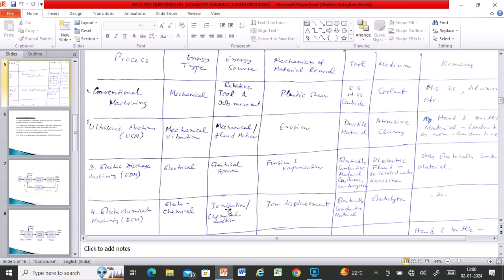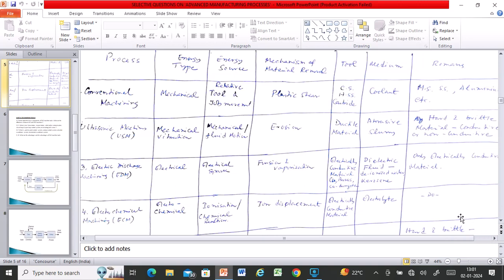The tool material is a ductile material, because we cannot use any brittle material here due to the very high frequency; the material will fail due to fatigue. The medium is abrasive slurry, which contains aluminum oxide abrasive particles. They hit the hardened brittle material, causing the erosion process.